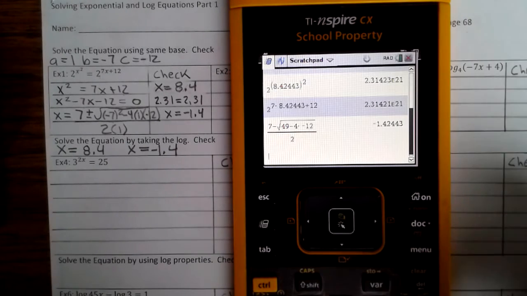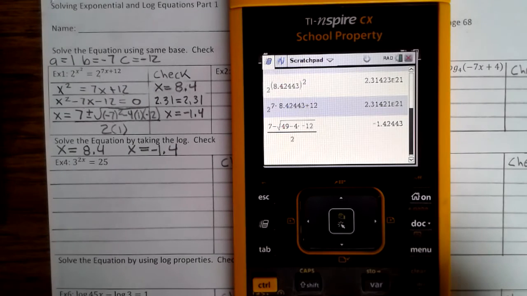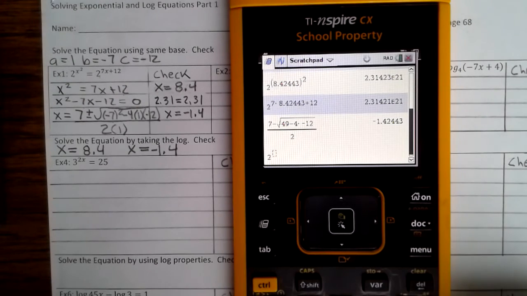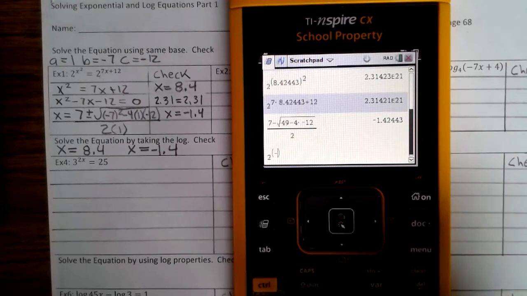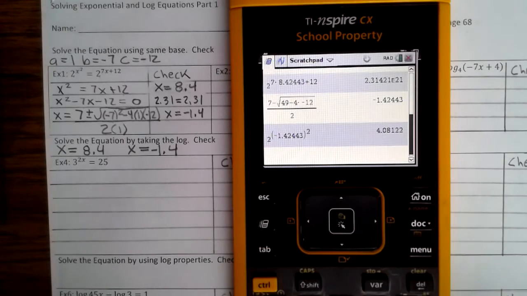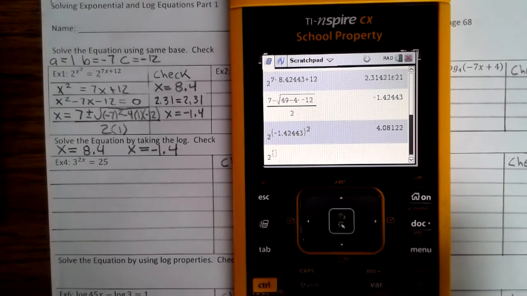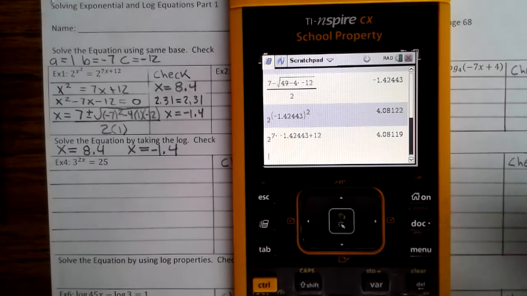So to check, we're going to do 2 up key negative, when we square a number, it needs to be in parentheses, negative 1.42443 squared. And then 2 up key 7 times negative 1.42443 plus 12. And you can see here that they're nearly identical, so it checks.